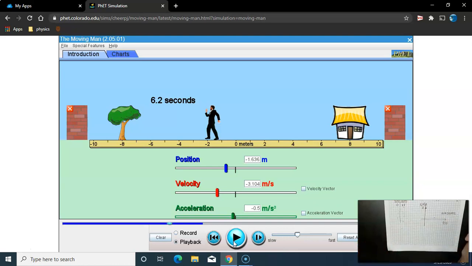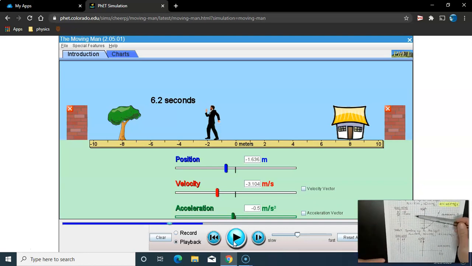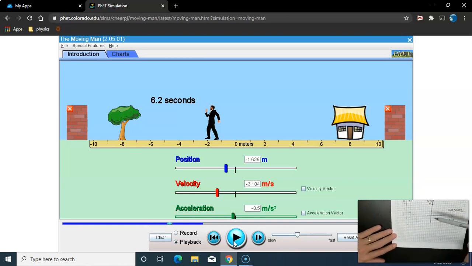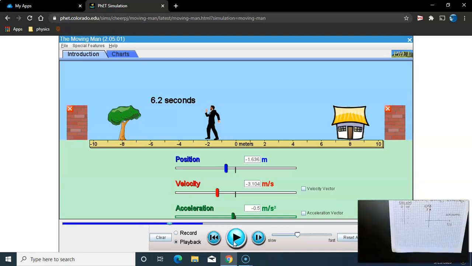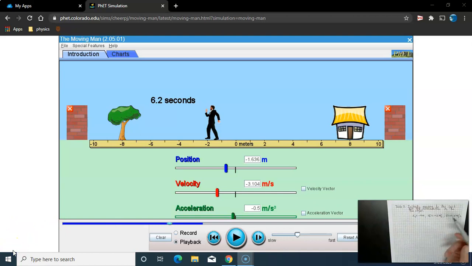So the first day in the lab, I did this table and this graph, and you were supposed to do this table and this graph on your own. On the second day of the lab, we are going to do something else. In the third table, this one I did in class, same thing. You're going to collect time and position data, but the guy is going to be initially at -4 meters.